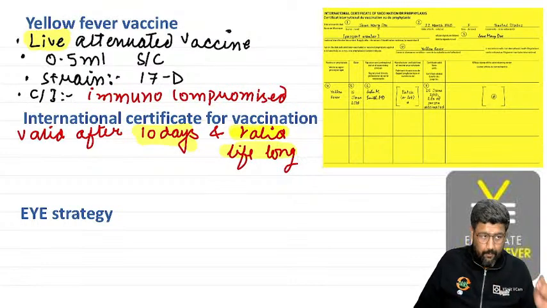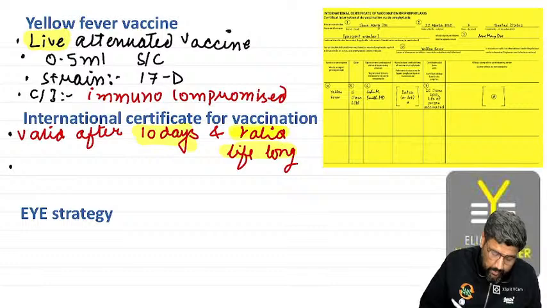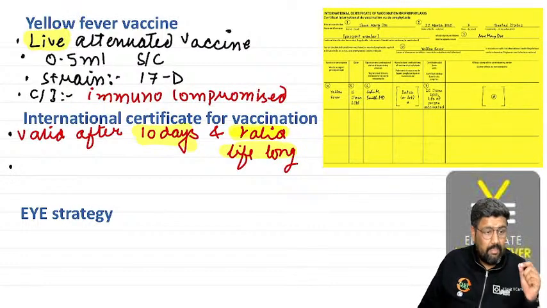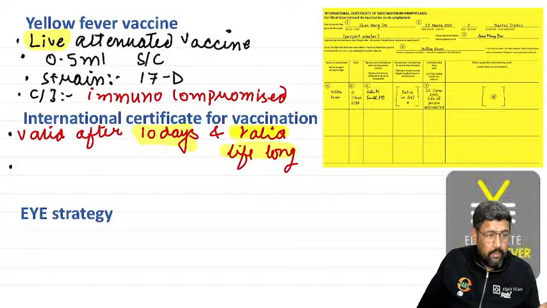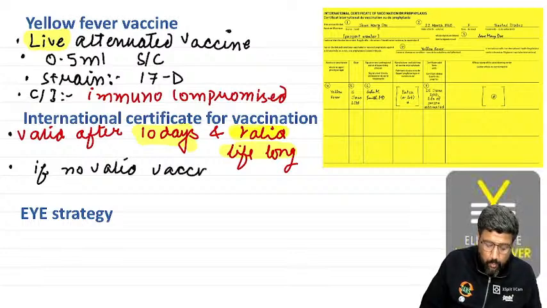Now, bachcho, my next question is, what if there is a traveler coming in our country from an endemic area, and there is no vaccine certificate? If no valid vaccine certificate, then what are you going to do?